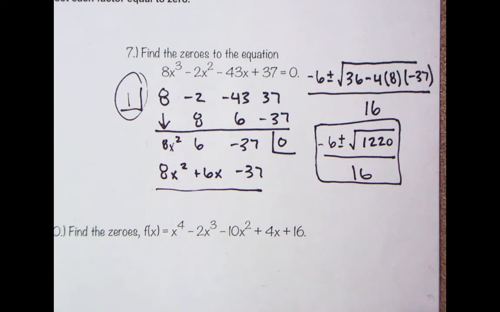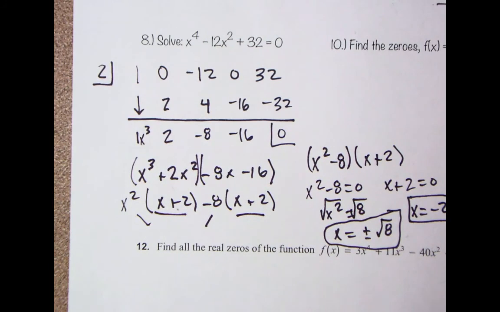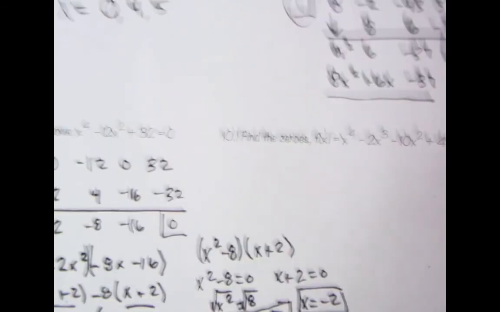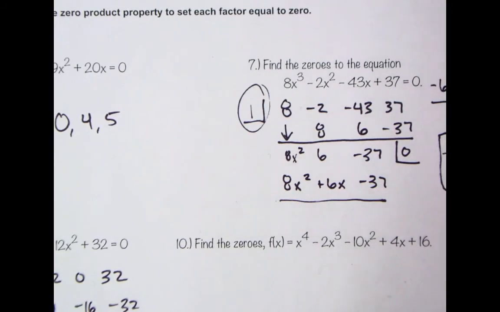Only at least one is there. So you have to use your one solution, run it through synthetic division. If you get a quadratic, you use quadratic formula. If you run one of your solutions through synthetic division and you get a cubic involving 4 terms, you have to use grouping. And that is how you solve polynomials.